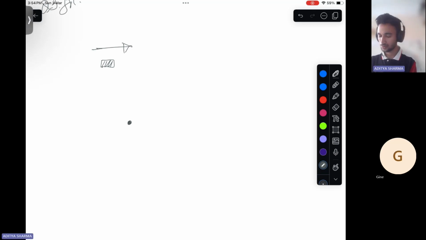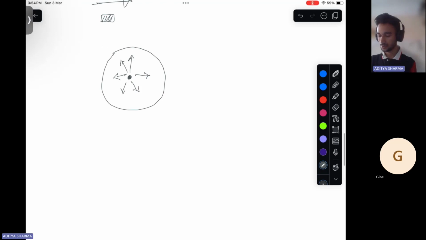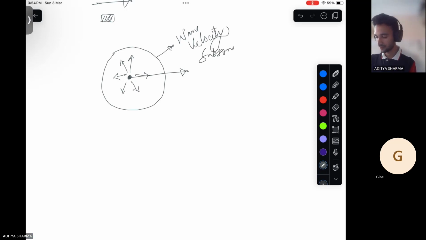It will propagate in all the directions, in this way. But then this body is also moving in this direction, and this wave has a velocity. Let us say this is subsonic.